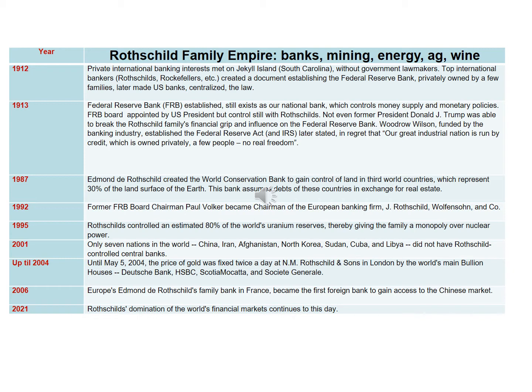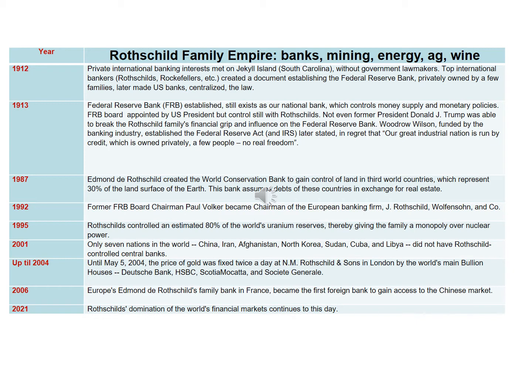And a year later, under President Woodrow Wilson's presidency, this was signed into law. This Federal Reserve Bank would be our national bank, controlling the money supply and monetary policies.